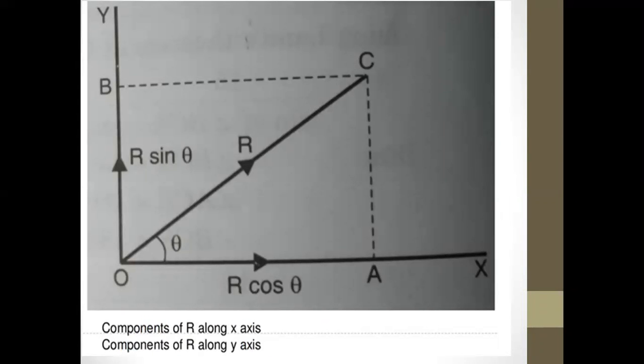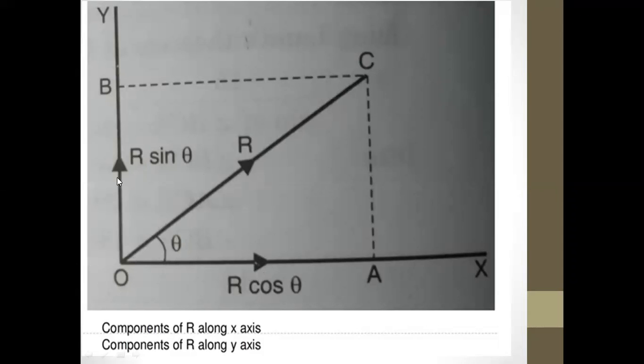As shown in the figure, for the force vector R we will draw a rectangle. We draw two components from the tail, then complete our rectangle, and our force is the diagonal of this rectangle.